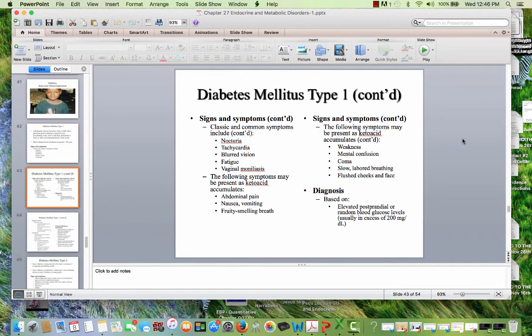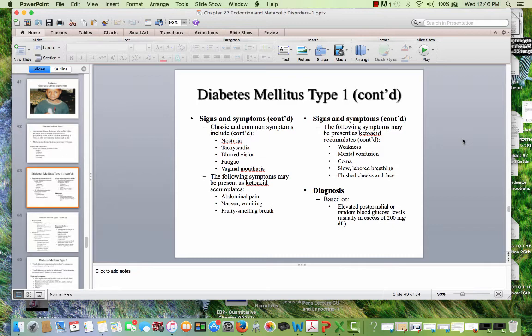The following symptoms may be present as keto acid accumulates: abdominal pain, nausea, vomiting, and fruity-smelling breath, of course, is a hallmark. Then weakness, a deterioration in the level of consciousness, and a lot of mental confusion, which can lead to coma because of the increased amount of glucose that's being retained. Slow, labored breathing, flushed cheeks and face. So those are some of the common signs and symptoms that you will see.